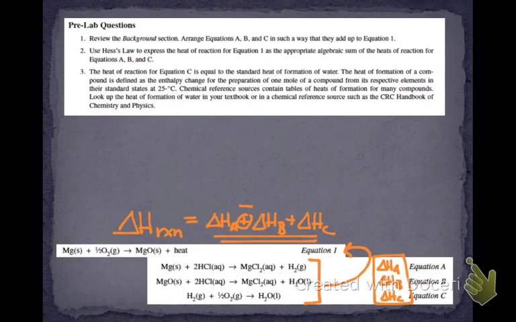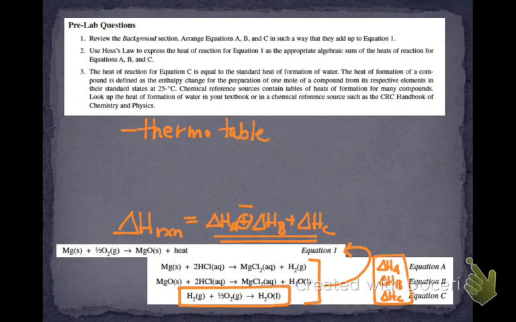And then number 3, you're going to calculate the actual delta H of equation 3, or equation C. So that equation with the formation of water. So you're going to use the thermodynamic table. So let me just write that out here. So you're going to use that thermo table that's on the class page.